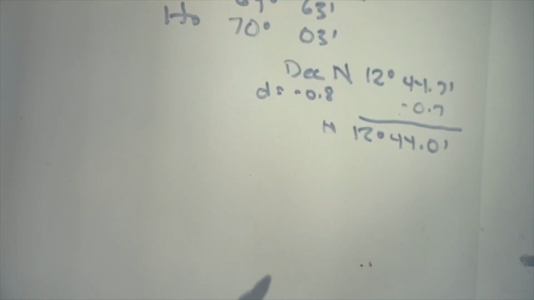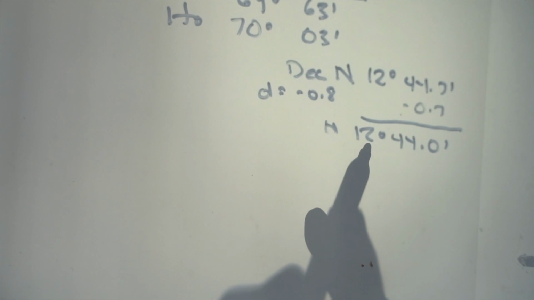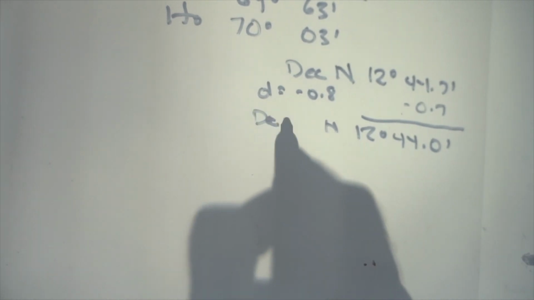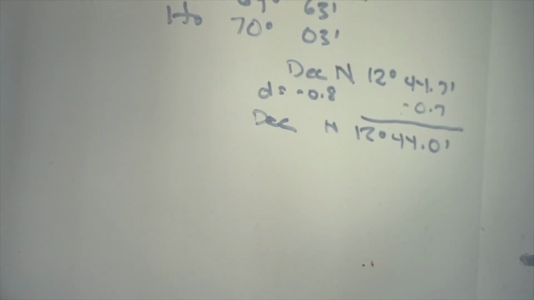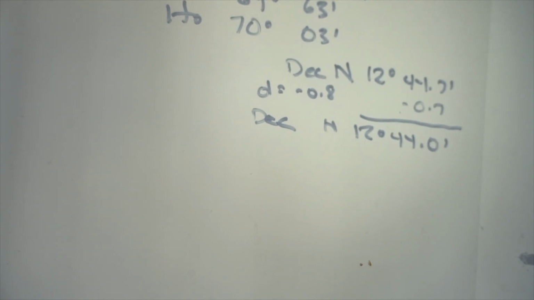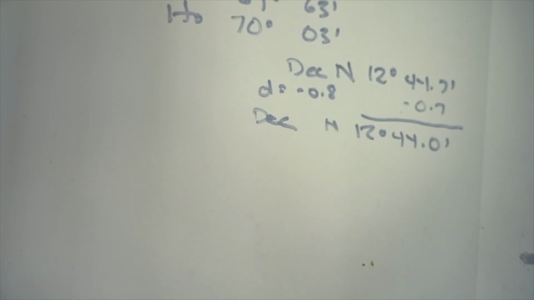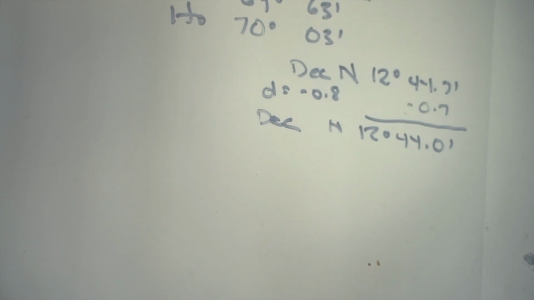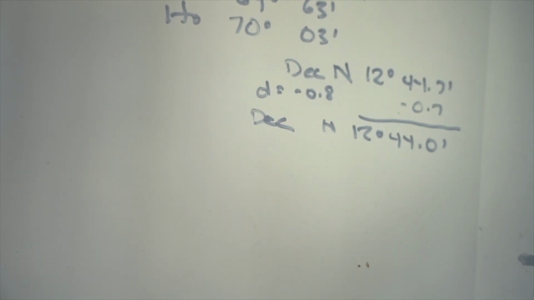Now we have an HO, and we've got a declination. And we have a formula. You guys all wrote down formulas last time. For this situation, we are in the northern hemisphere, the sun is in the northern hemisphere, but we have a higher latitude than the sun's declination. We are north of the sun.